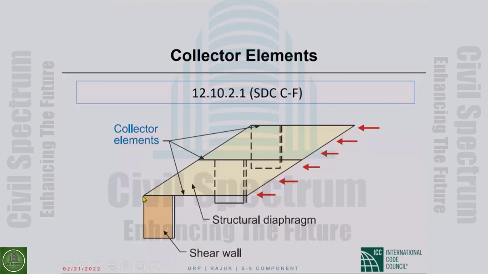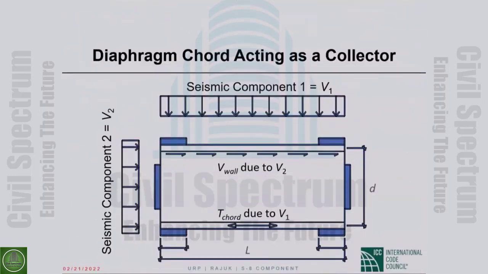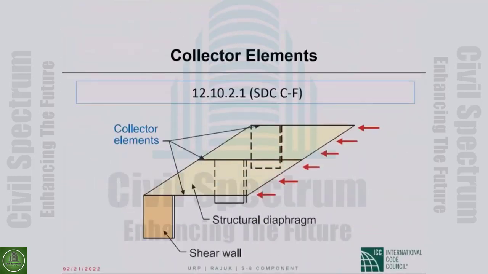Okay, you can visualize that. And we have to reinforce the collector for the tension. The compression is not a non-problem; we cannot just disregard the compression, saying that concrete is strong in compression.